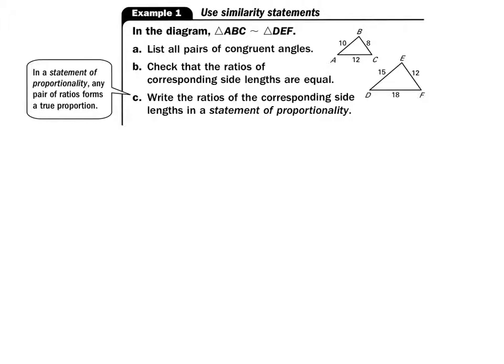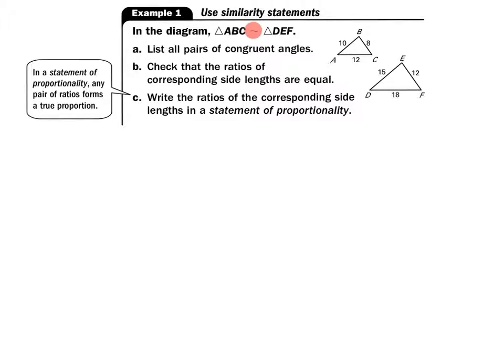And by the way, notice that for congruency we use two wiggly lines, and for similarity we use just one. Now, because they are similar, we have to list all the pairs of congruent angles. By definition, all the corresponding angles have to be congruent in this triangle.